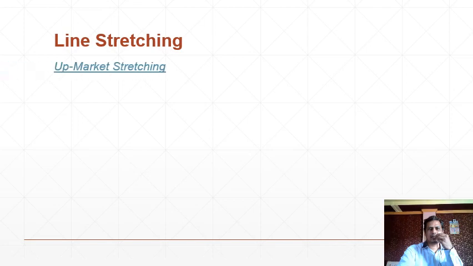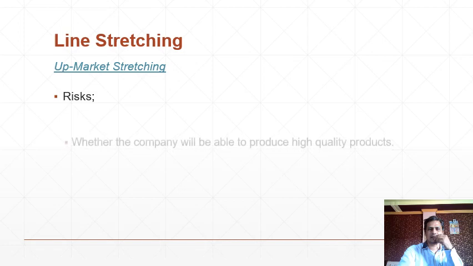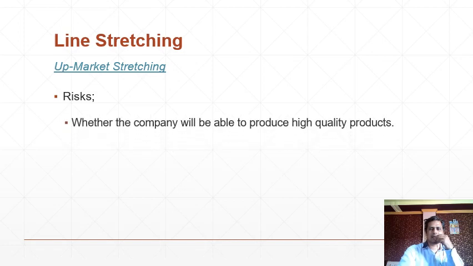Then another aspect with regard to upmarket stretching is the risks that marketers need to take care of. It normally comes into the picture that people might think, does Maruti have the capability to produce such high quality cars like Audi, Mercedes, or Skoda, or Jaguar, or Maybach?